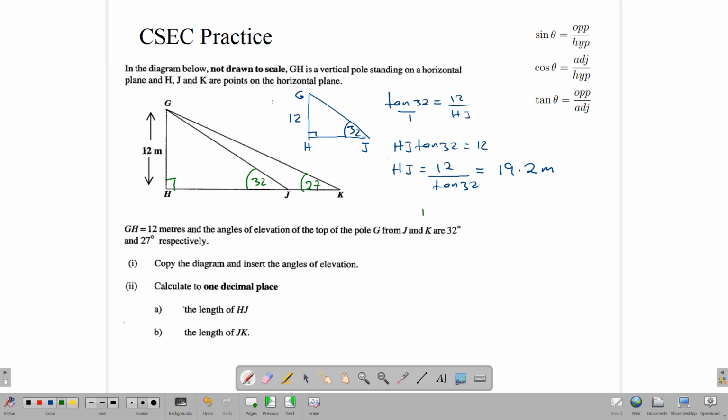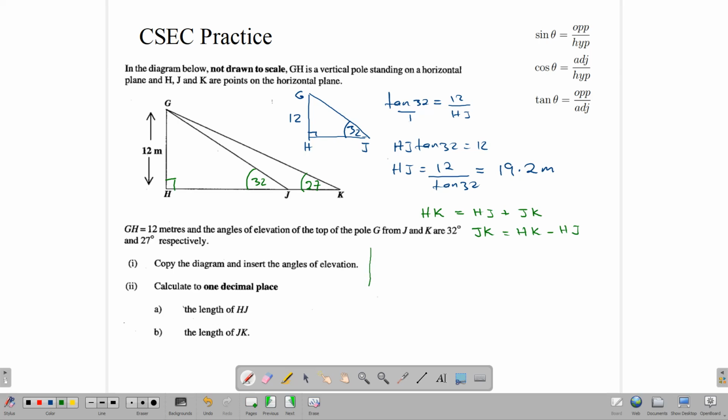HK, this entire line, is made up of these two pieces, HJ and JK. And so if we found HK, we can do a subtraction by saying JK is equal to HK minus HJ. We already found HJ, it's 19.2. So all that we need to do then is to find HK, and the HK is in the bigger triangle.